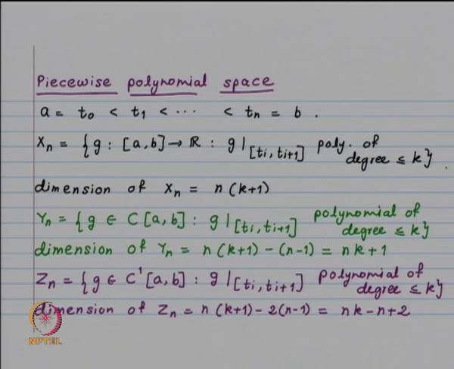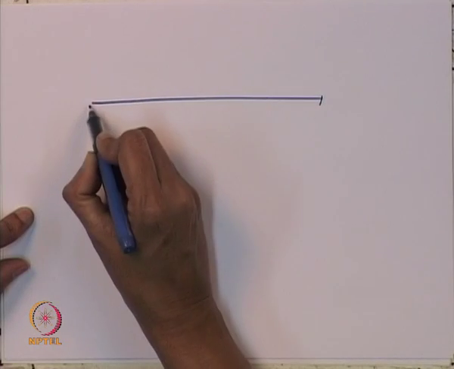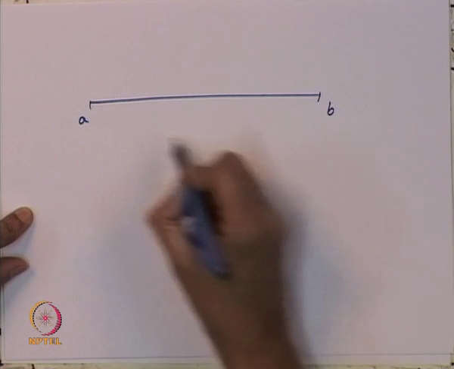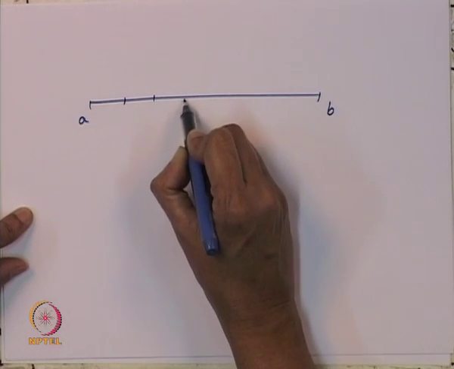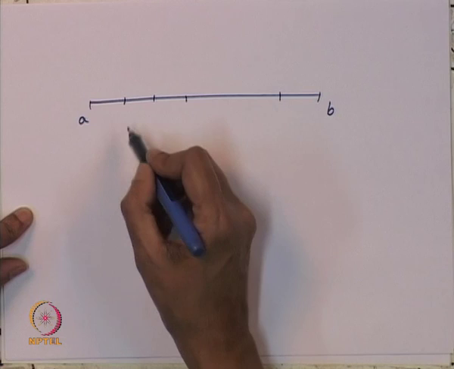If we consider the space Y_n, where once again g restricted to [t_i, t_{i+1}] is a polynomial of degree less than or equal to k, but we impose the function to be continuous. So, this is our interval [a, b], then we are subdividing into n equal parts.